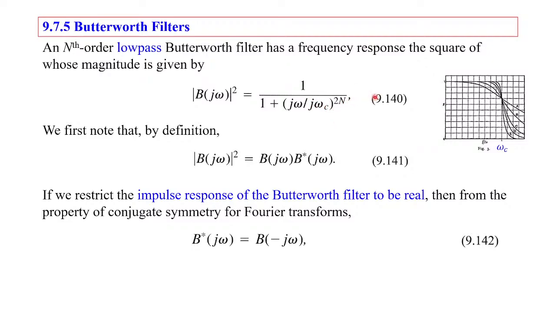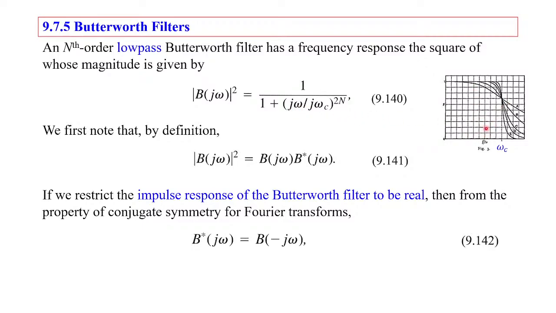So the idea is, let's look at this picture. There is a cutoff frequency omega c here. Every frequency less than omega c you want to pass, and bigger than omega c you want to suppress. And we do this by this omega over omega c.